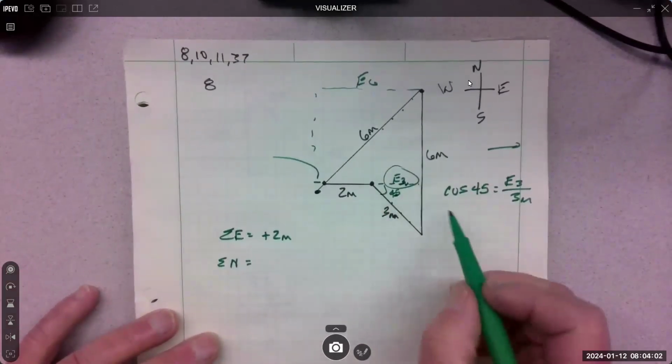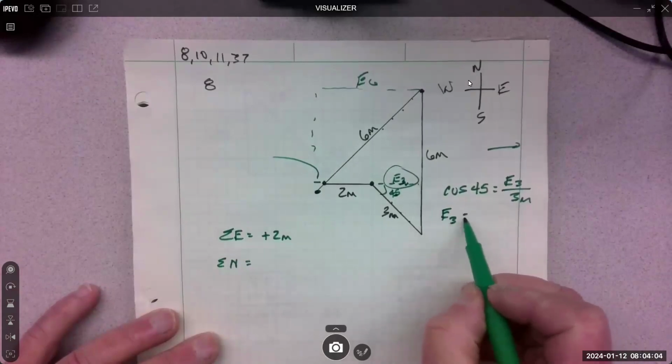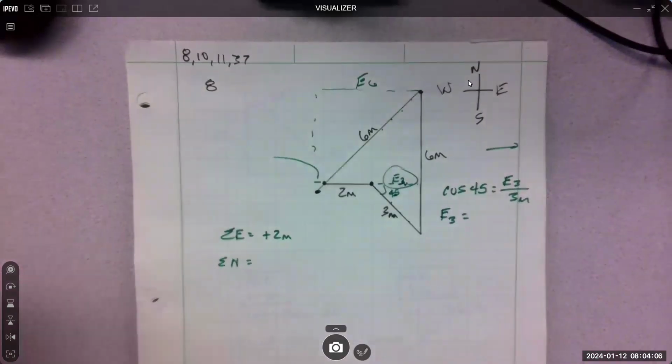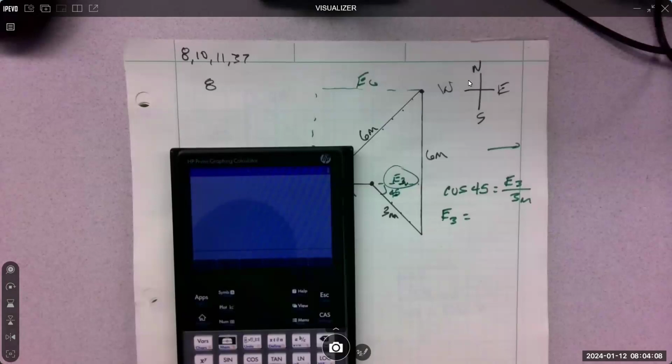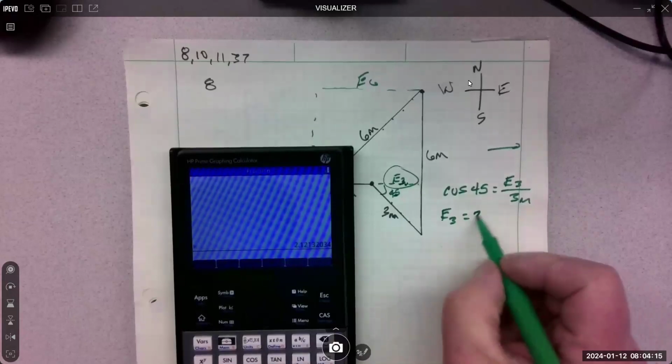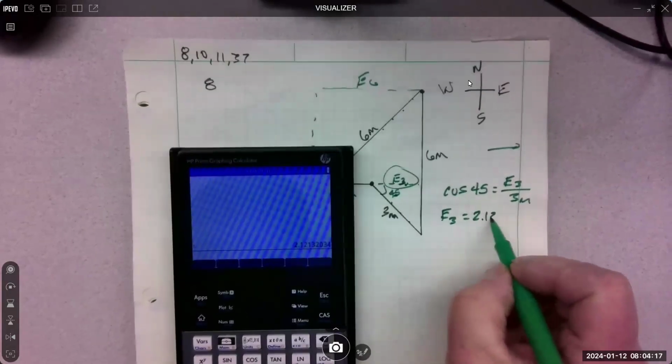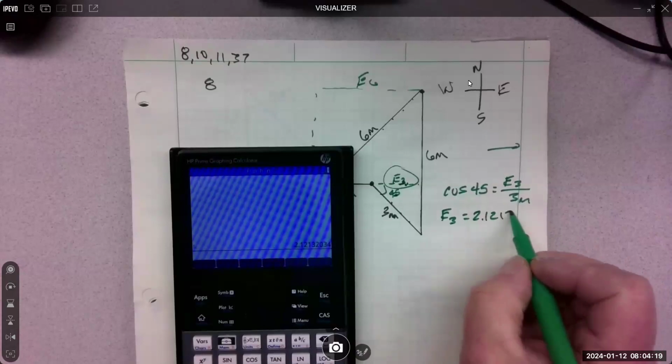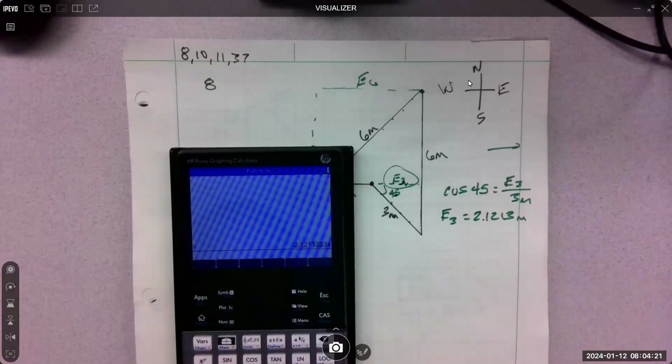Yeah? So E3 is 3 times cosine 45. So it looks like 2.1213 miles.